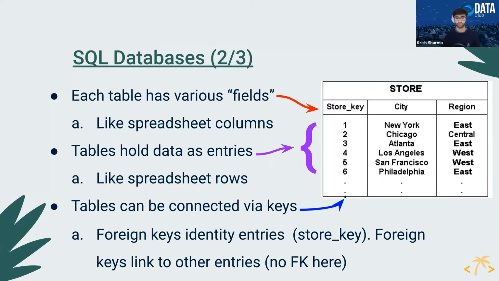So maybe our users table includes some different information about the individual poster, for example, what their name is, when they joined Facebook, as well as some demographic information about the user. Now, what we're able to do is use these foreign keys as identity entries, and these foreign keys link to other entries in different tables.